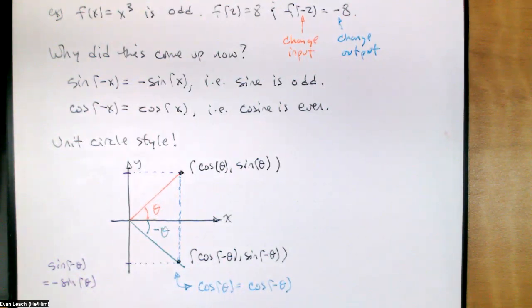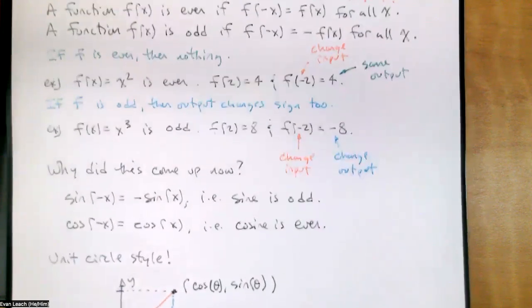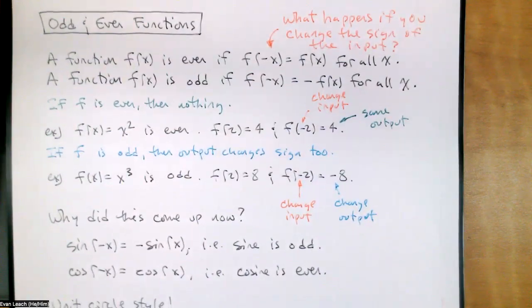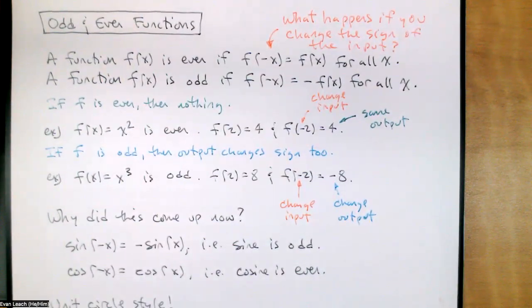So that's the difference between an even and an odd function. It is definitely an interesting thing. It's another way of categorizing functions, but it's not really critical for moving forward with trigonometry. If there's a problem that hinges on even versus odd functions, this is why.